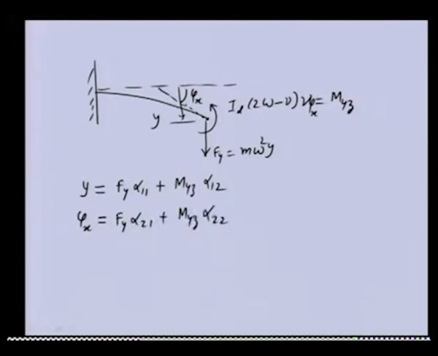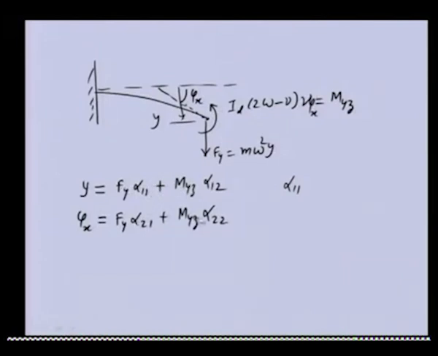So basically, if we want to see the definition of these influence coefficients, alpha 11 is the linear displacement for a unit force, keeping all other moments 0. So that means if we keep this moment 0, alpha 11 is equal to y if we are taking Fy as 1. Similarly, alpha 12 is a linear displacement for unit moment when we keep all other forces 0.